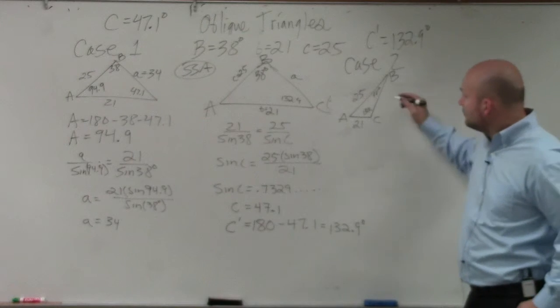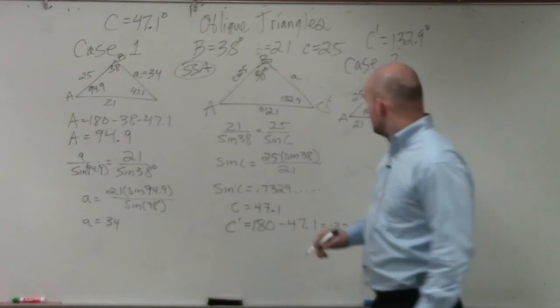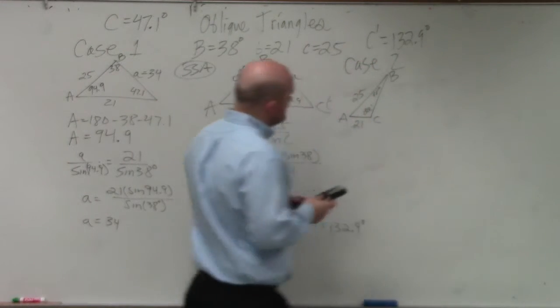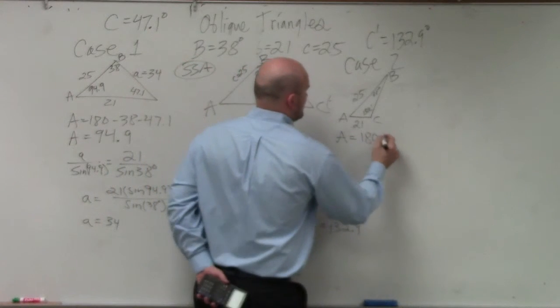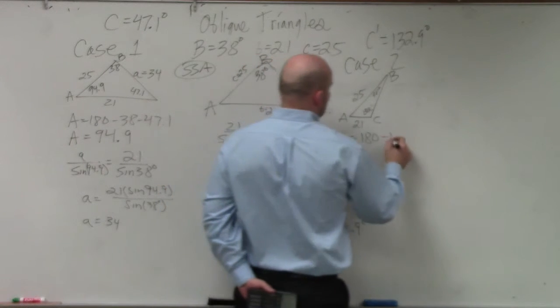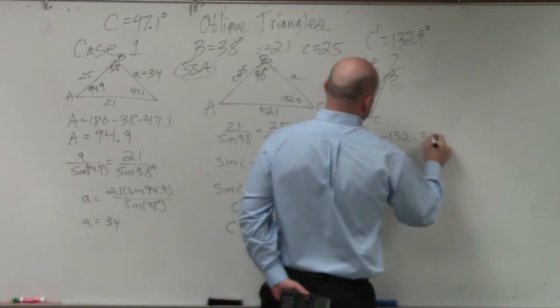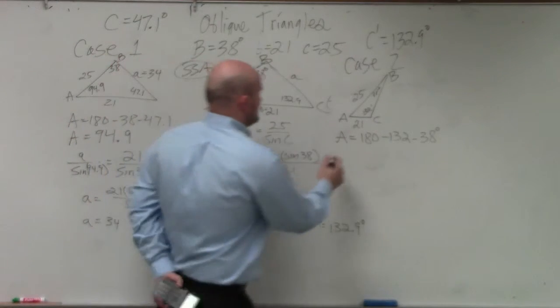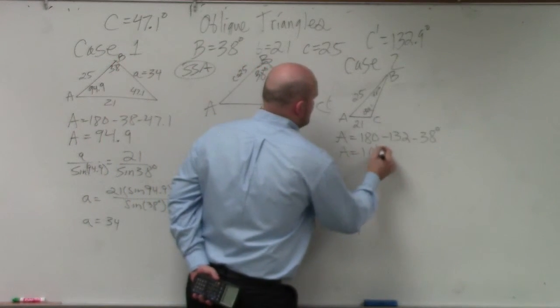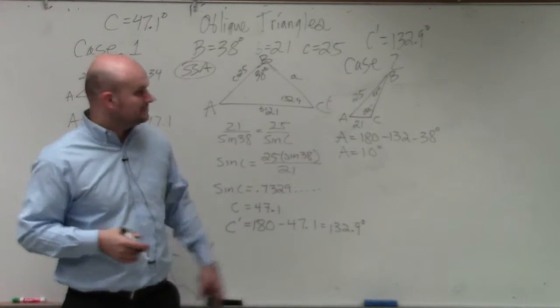So now I need to figure out what A is. So that's going to be A equals 180 minus 132 minus 38 degrees. These angles should probably be a little bit switched. And that's going to be A is equal to what? 10 degrees. Does everybody follow me?